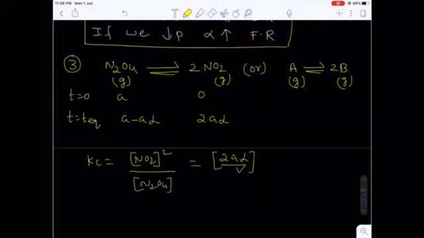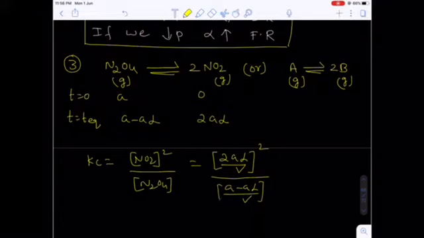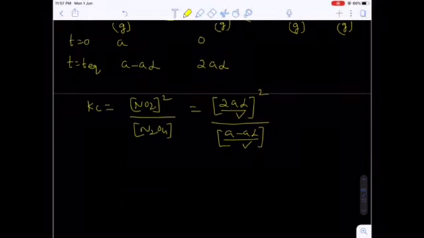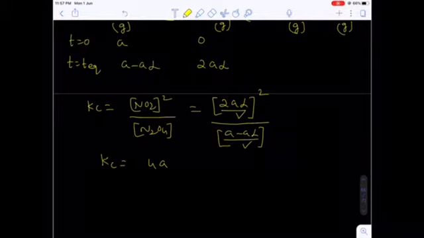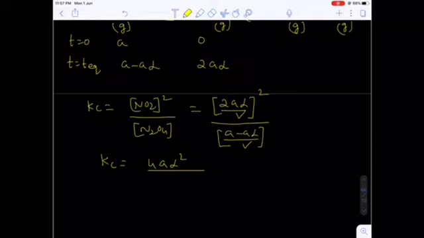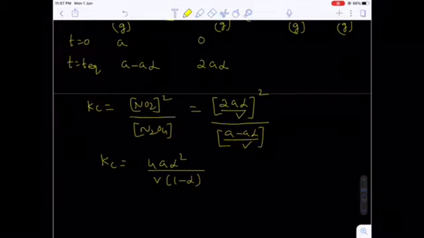Concentration of NO2 is 2A alpha by volume of the vessel V. Now A minus A alpha by volume of the vessel V. By simplifying this expression, you will get the Kc expression, which is equal to 4A alpha square divided by V into (1 minus alpha). Are you getting my point?